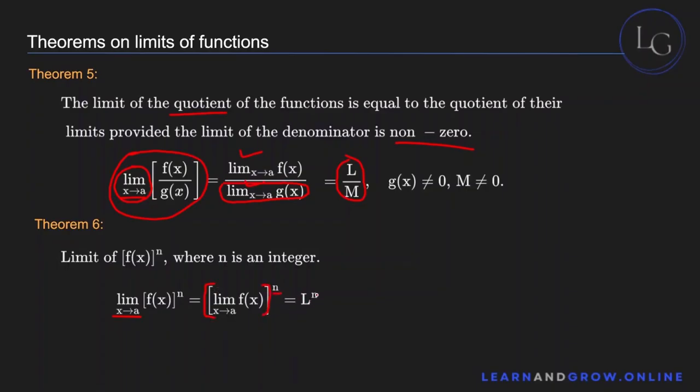So that becomes L to the power n, right? So these are the 6 theorems, and you can use them to your luxury. The only thing that you have to remember here is this particular case, right? Over here, this g of x and this M cannot be equal to 0 because this whole thing becomes undefined.